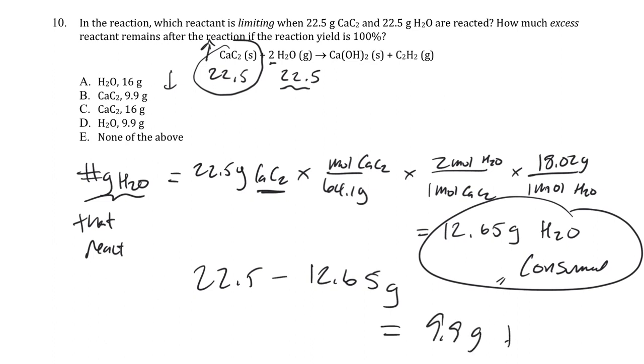That's 9.9 grams of water remains. So CaC2 is my limiting reactant, and 9.9 grams of water remains. And I think I circled the wrong answer on the answer key, so I'll have to go fix that. But if you look at the answer key, the limiting reactant is calcium carbide, and then the water is what remains, 9.9 grams of water remains.